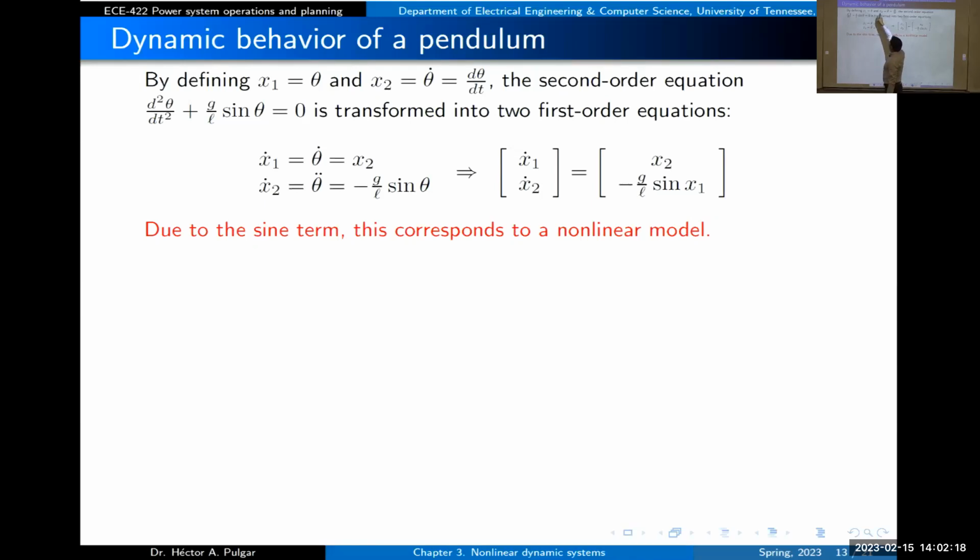Then we get the derivative of x2, which is the second derivative of theta, and we get that equation from the second order equation, which is this one. So in vector form, this is the state space representation. As you can see here, this is a nonlinear model because the second function f2 is actually nonlinear, sine of x1.